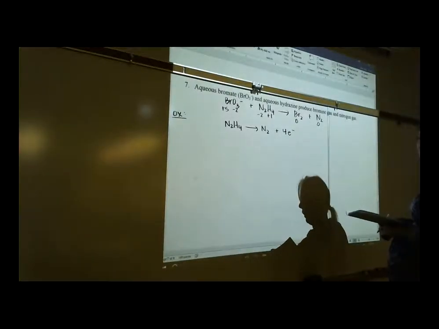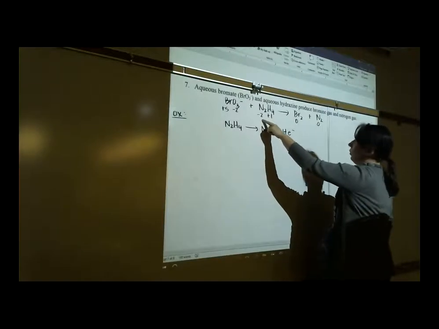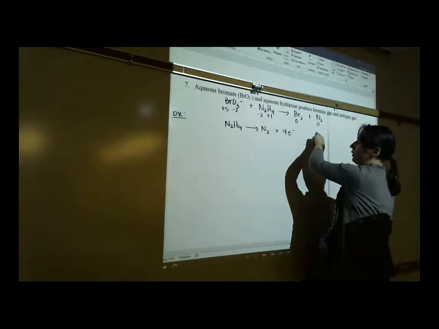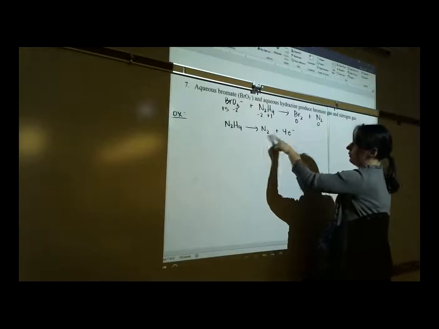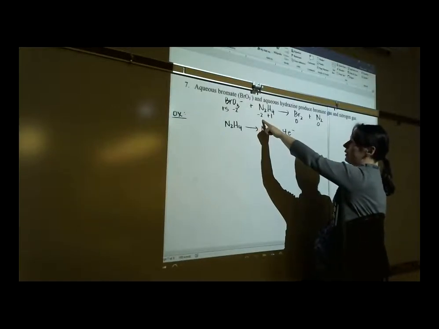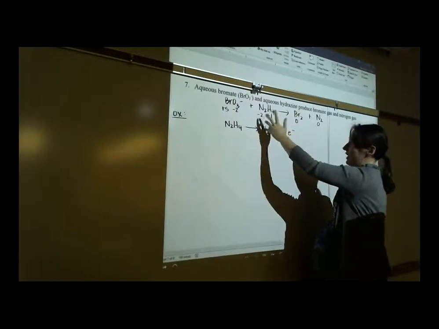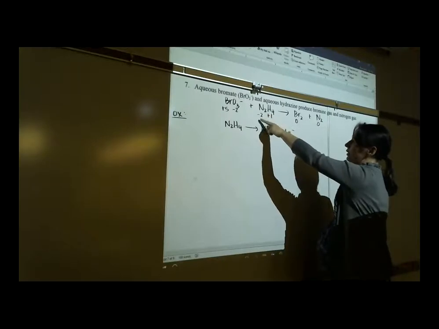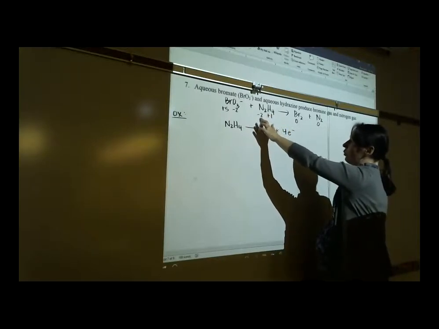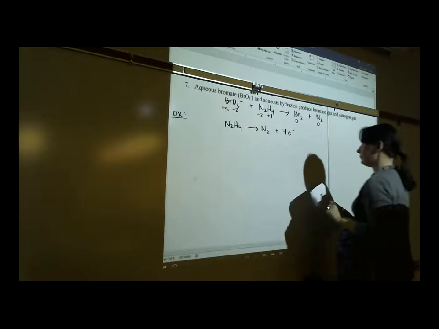Why is it 4 and not 2? Well, 1 nitrogen would lose 2, but there are 2 nitrogens here, so that's why it's 4, okay? Again, these oxidation numbers are not based on quantity of atoms, it's just based on the oxidation state. It's not taking into consideration anything else, right? So 1 nitrogen loses 2, and 2 nitrogens are going to lose 4.